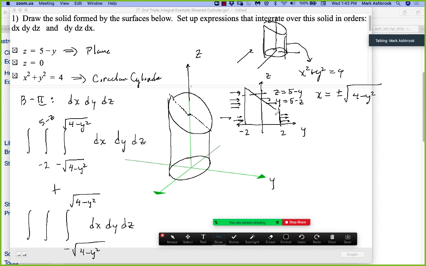So the left side's always -2. What's the other right side? Part of the right side is 5 minus z. The other right side is 2. So when is the right side 5 minus z? This is our 5 here, and by the time you make it out to 2, we're down to 3.